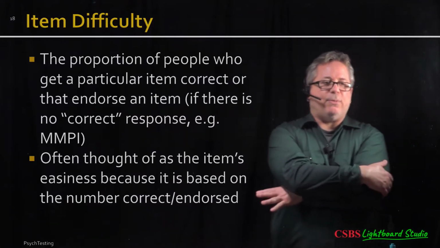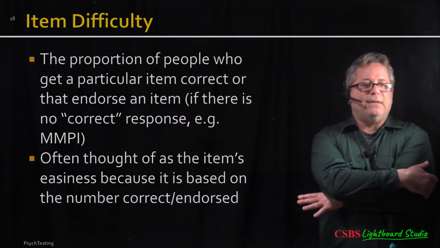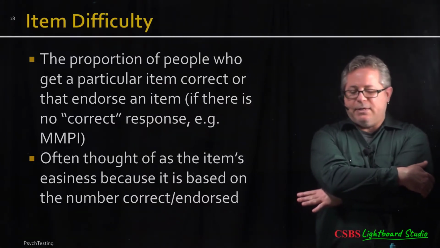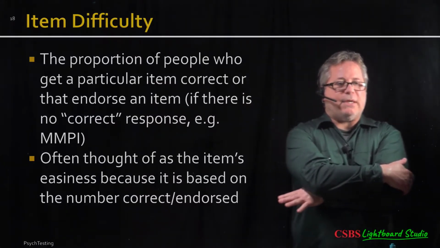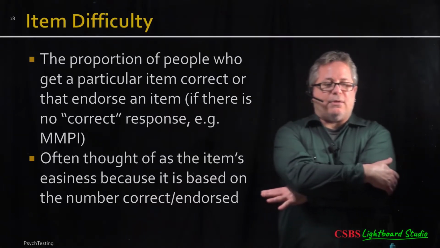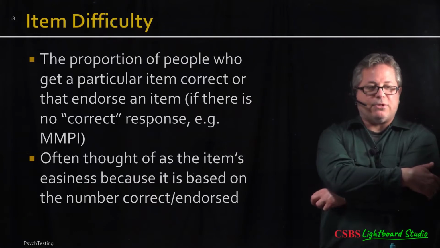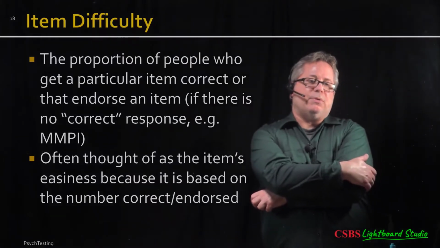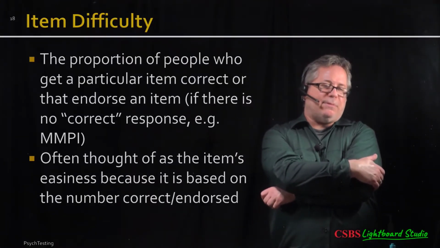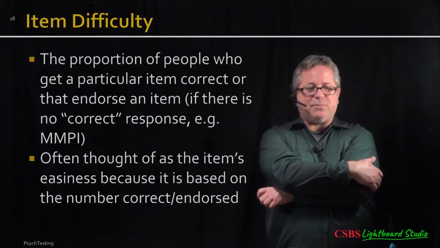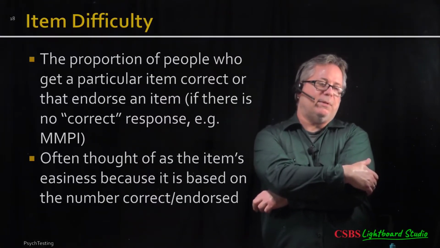Not because people don't get them correct, but because few people actually endorse those items, even if they're high on the other items on the scale. There's still a pretty low chance that they'll endorse the item asking about suicide ideation. So those tend to be more difficult questions, but they're not correct, even though we use terms like correctness. It's just a weird fit.